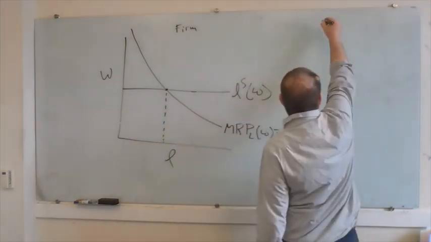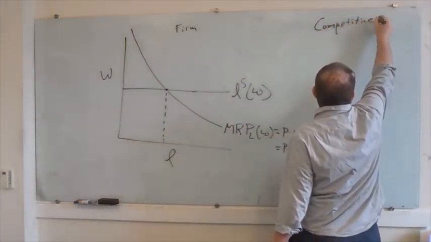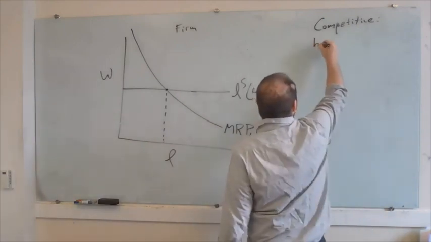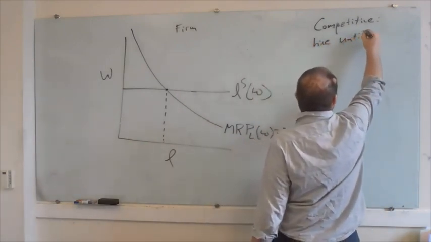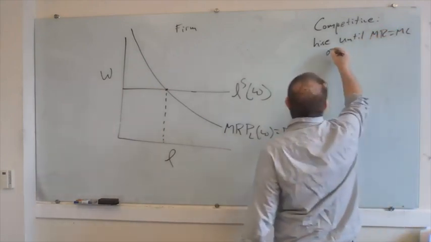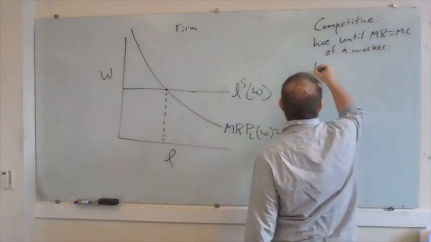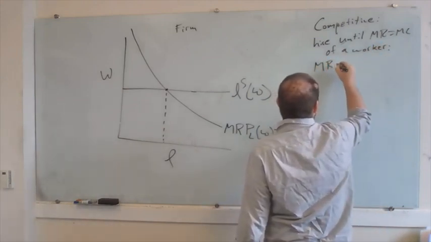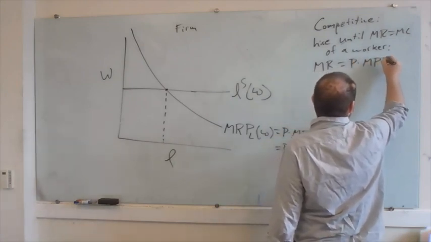So in a competitive market, we had this simple rule: hire until marginal revenue equals marginal cost of a worker. Marginal revenue of a worker is the price times the marginal product of labor.